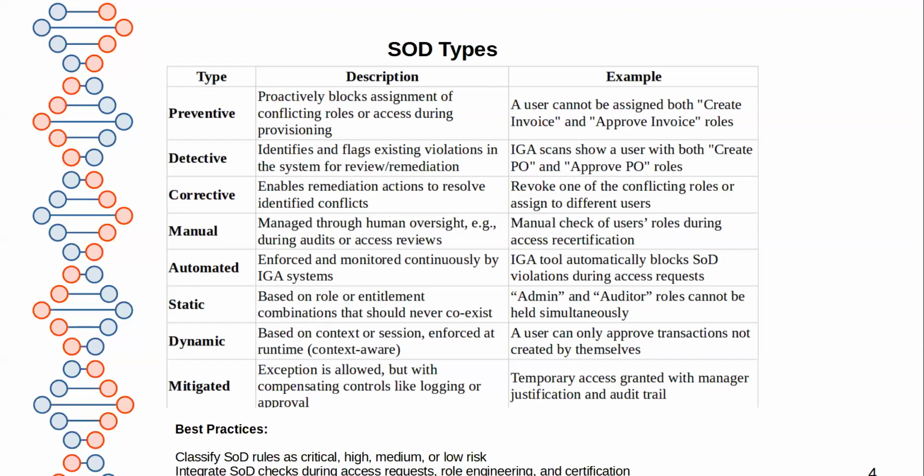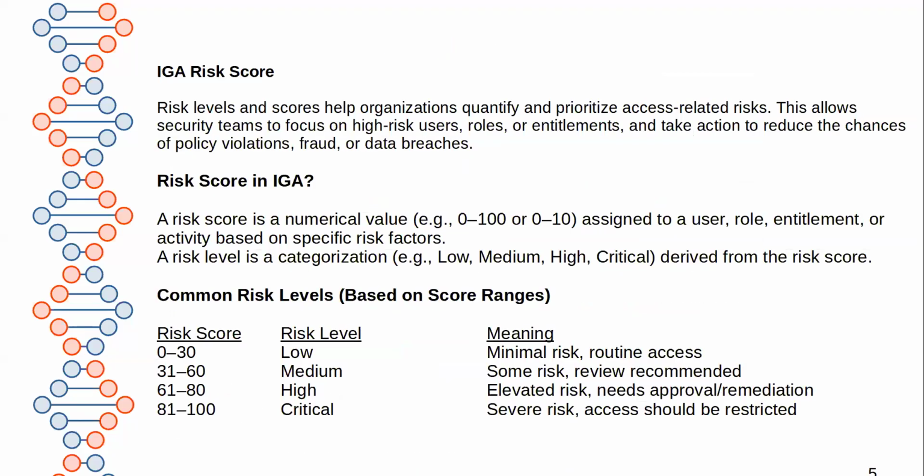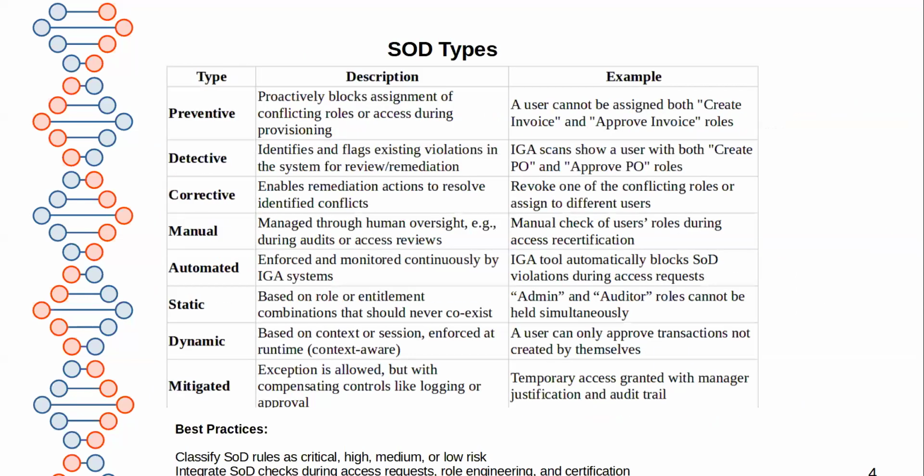If we are clear with this, now I am moving to another part where the risk score and the risk levels come in. Okay, let me ask a question. What do you mean by risk score and why is it important? Let me try to make the session interactive.